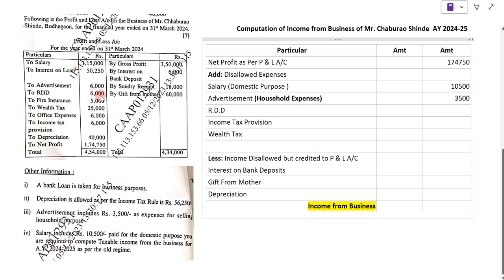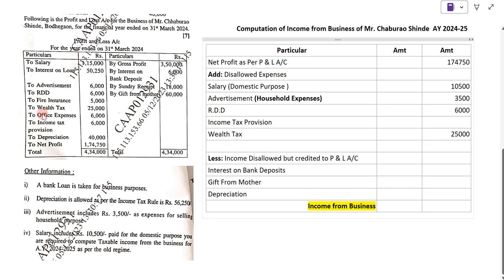RDD is also used for personal expenses, so RDD 6,000 is a disallowed expense. Fire insurance 5,000 is related to business. Wealth tax is also personal, that is 25,000, so it is a disallowed expense.